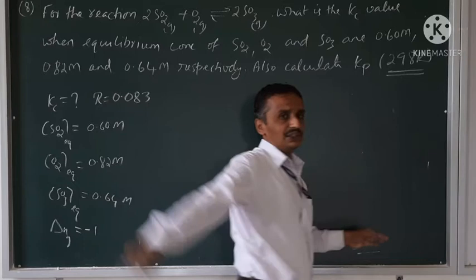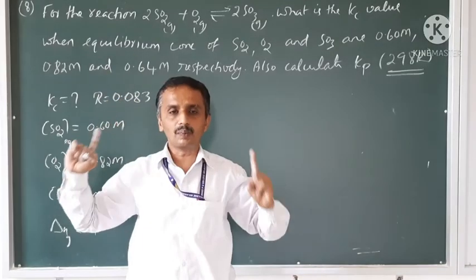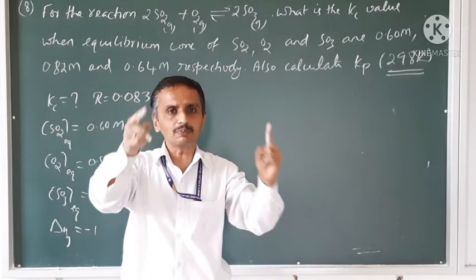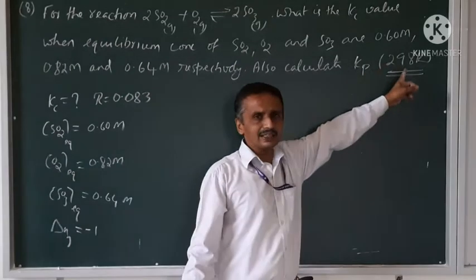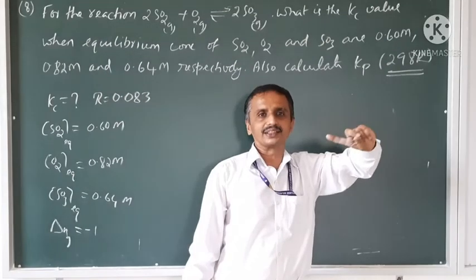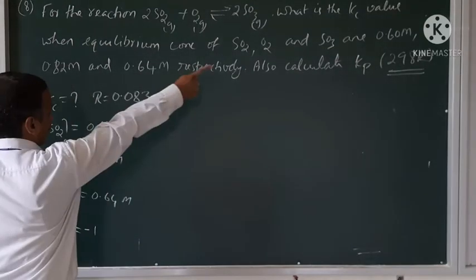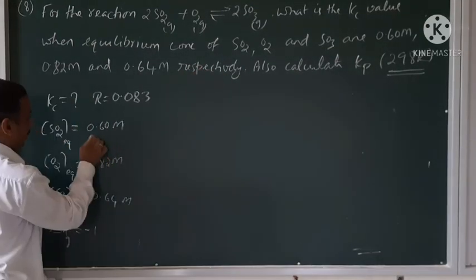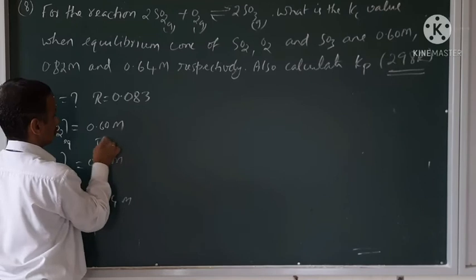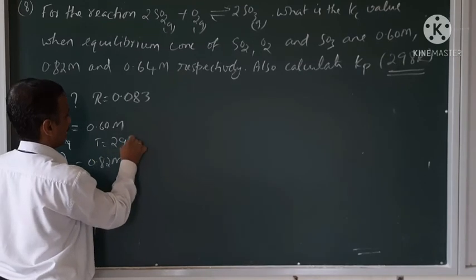If in the problem the temperature is not mentioned, take the standard temperature of 25 degrees Celsius or 298 Kelvin. So here they did not give it, so the temperature is 298 Kelvin.